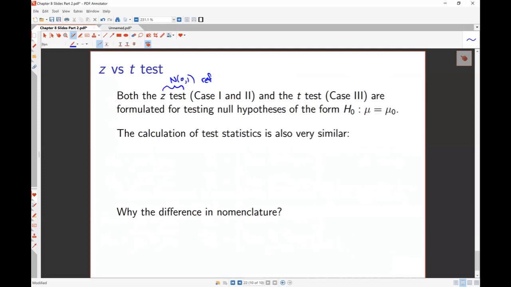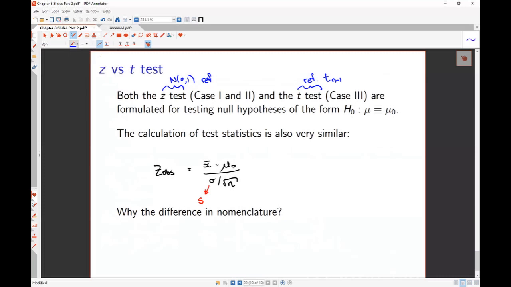In case 3, we're using a t-test because our reference distribution is a t-distribution with n minus 1 degrees of freedom. But the fundamental form of the test statistic is the same, because z observed is x bar minus mu naught over sigma over square root of n, or perhaps if we don't know sigma, we replace it by s.